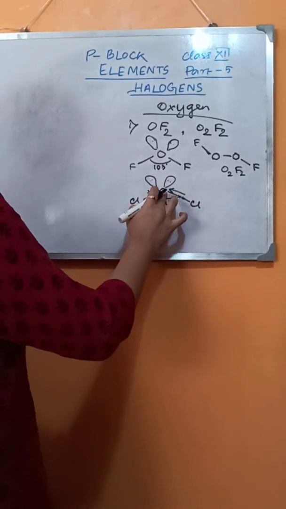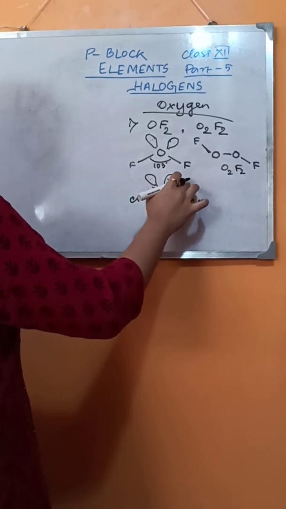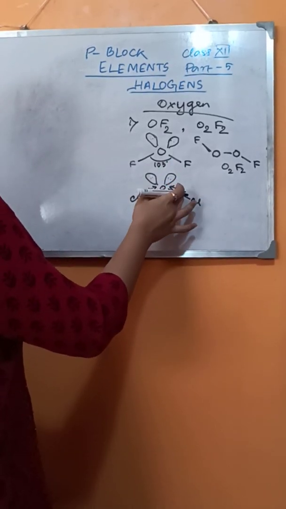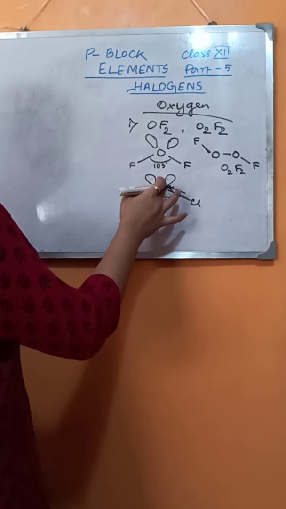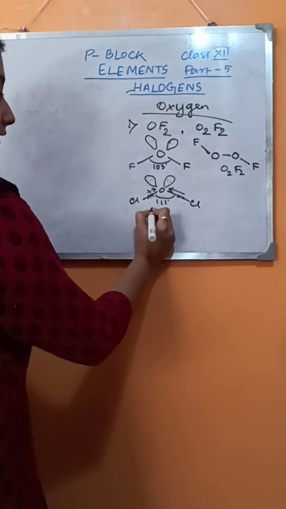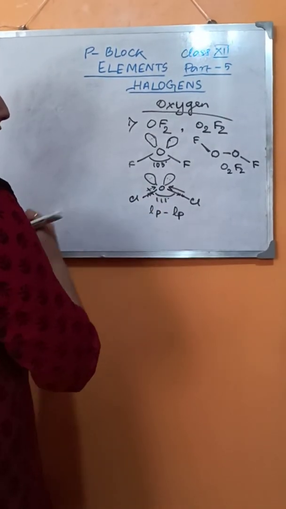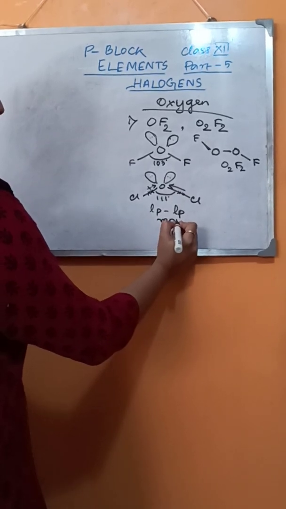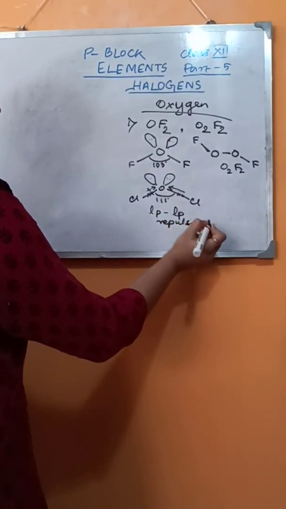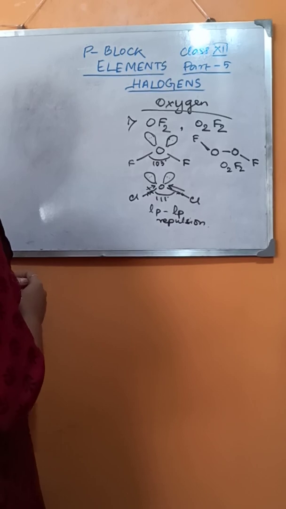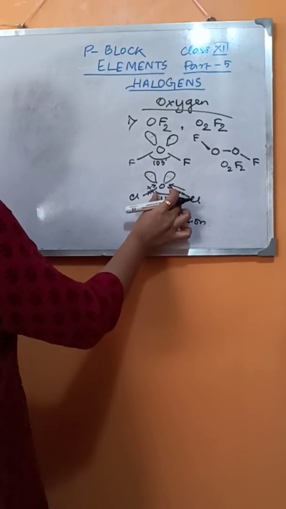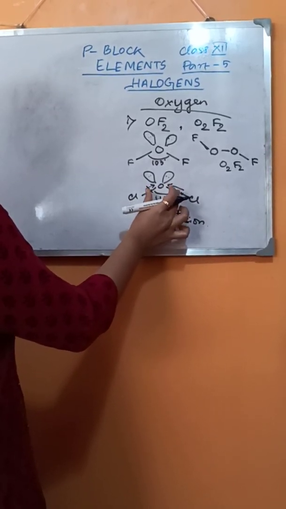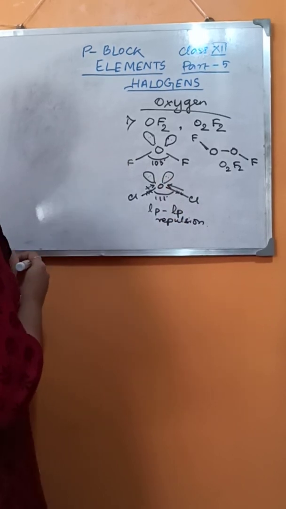So oxygen already having two lone pairs, along with that two other shared pairs shifted towards the oxygen. Here lone pair repulsion will occur, and repulsion will occur. As a result, due to repulsion, the bond angle increases.